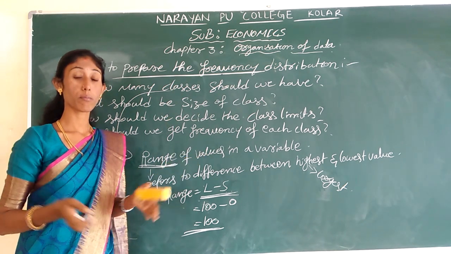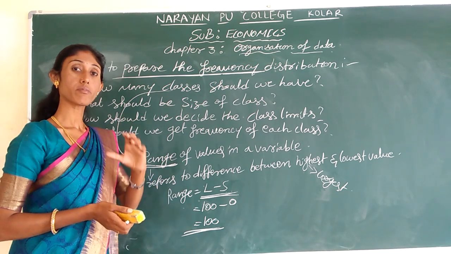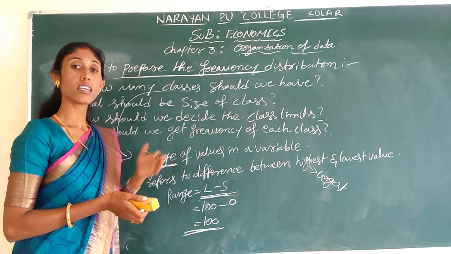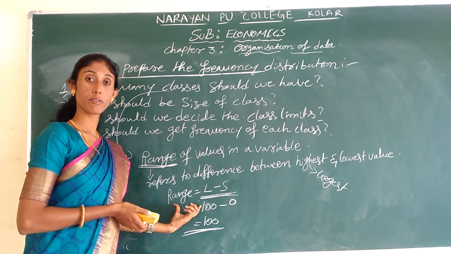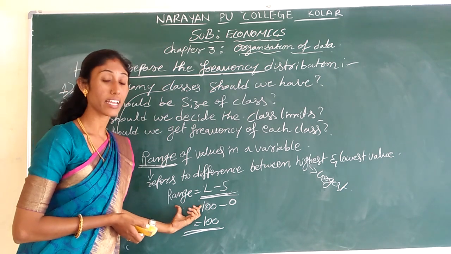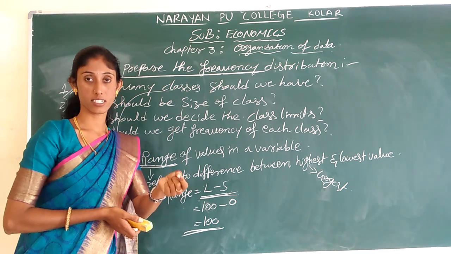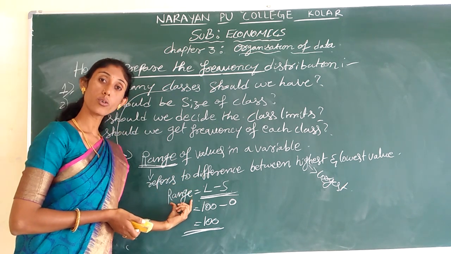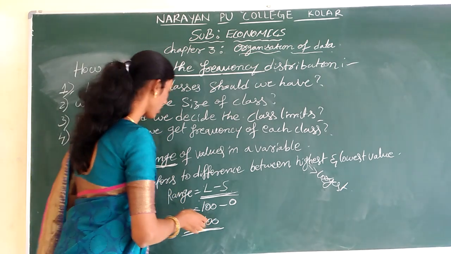This is what range is. By knowing the range, we are able to make a decision relating to the number of classes. Before deciding the number of classes, one more thing we need to decide, that is the size of class interval.